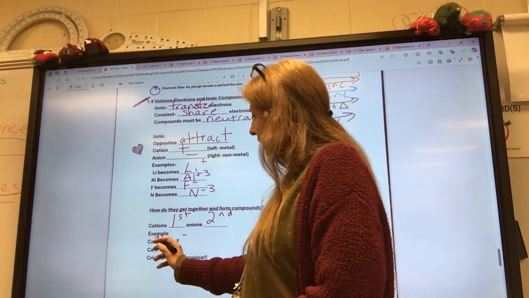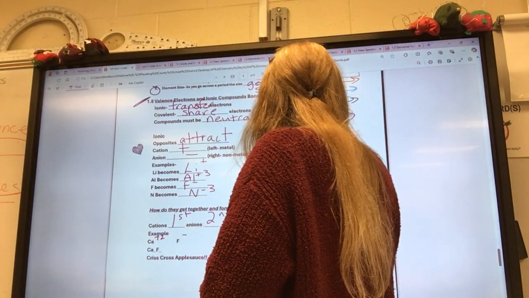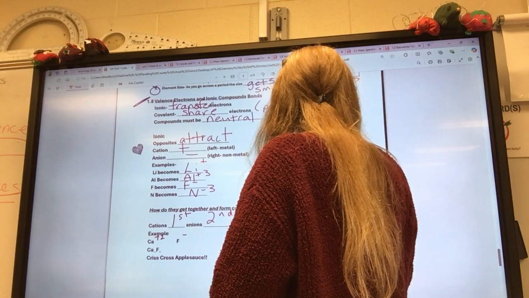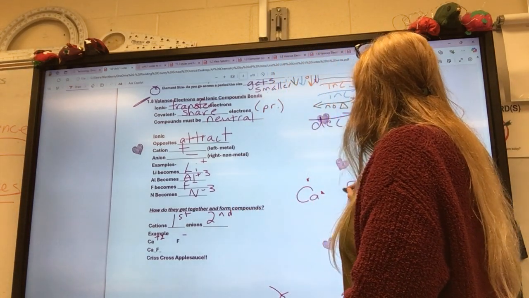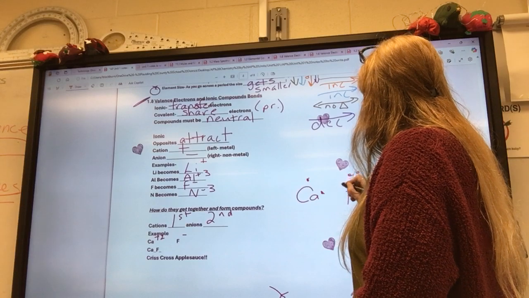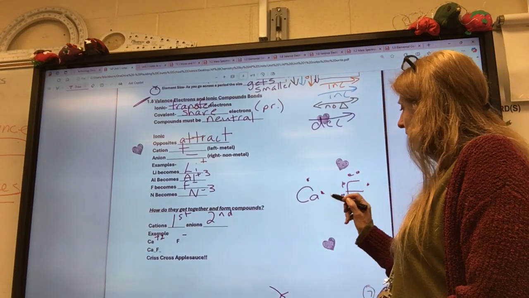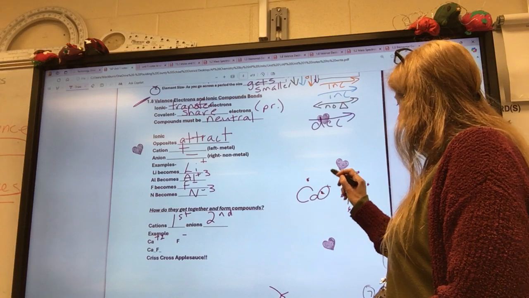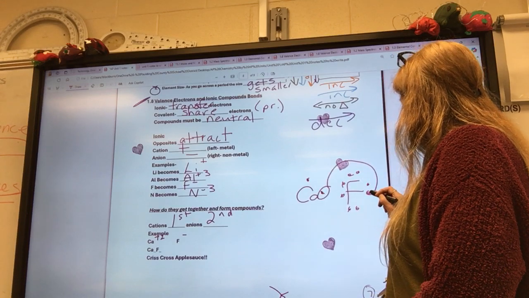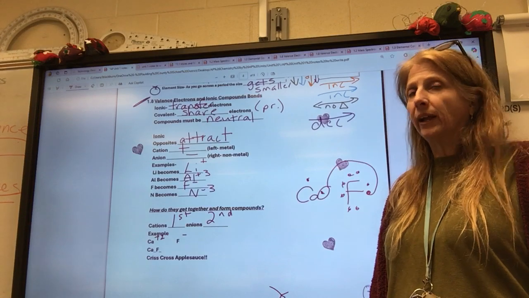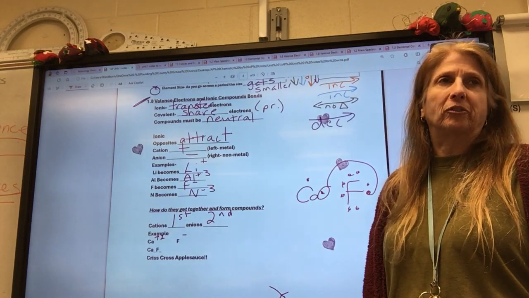So we've got 1 calcium, and it's got 2 electrons it wants to lose. We got fluorine, and it wants to gain 1 electron. See, it's got 7. So fluorine will take 1 of these electrons and put it right there. Will it take another one? No, it doesn't want to be 9. Nobody wants to be 9.